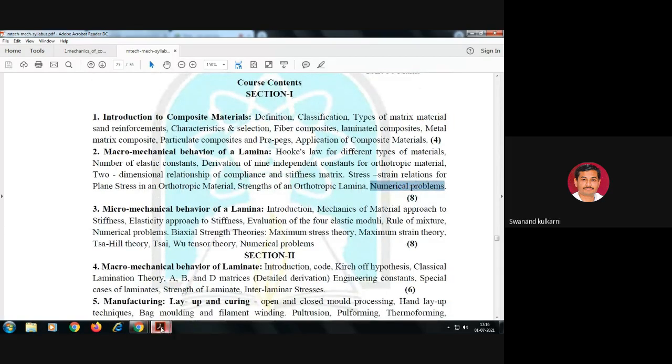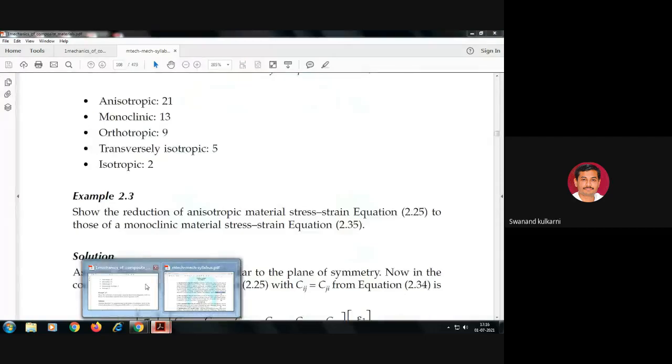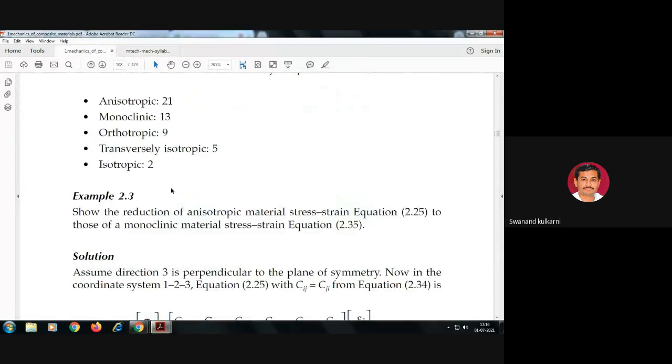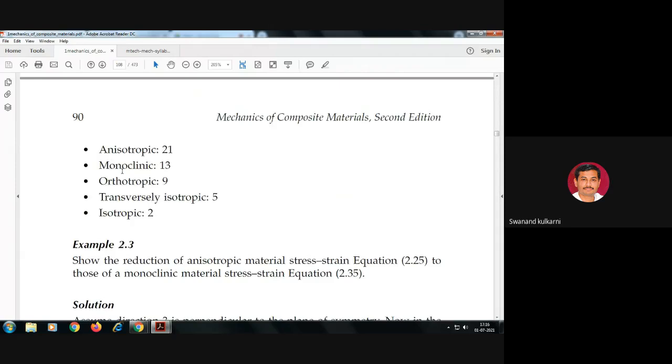Is it okay? Continuing with the last discussion, whenever we consider the material as anisotropic and homogeneous, we require 21 independent elastic constants.